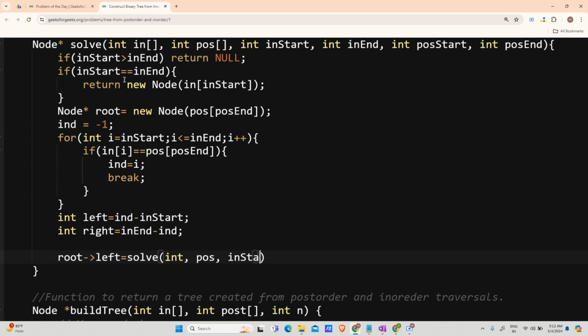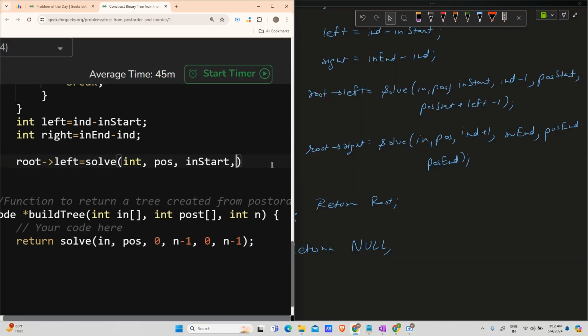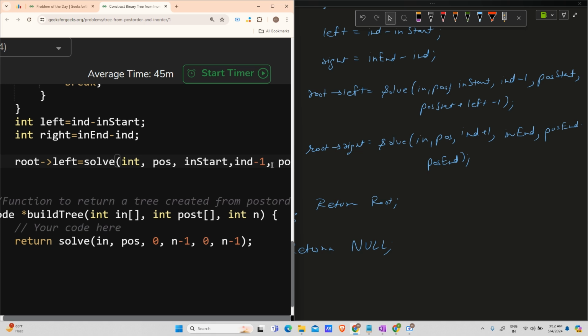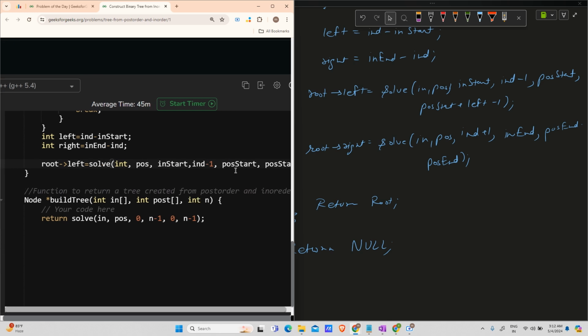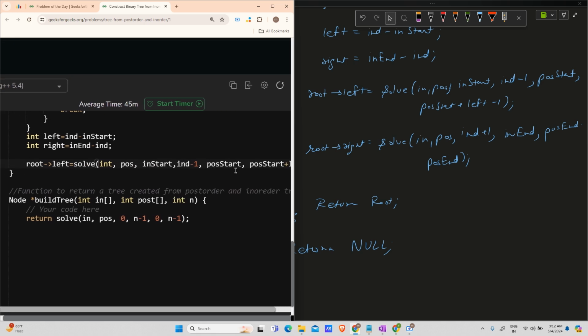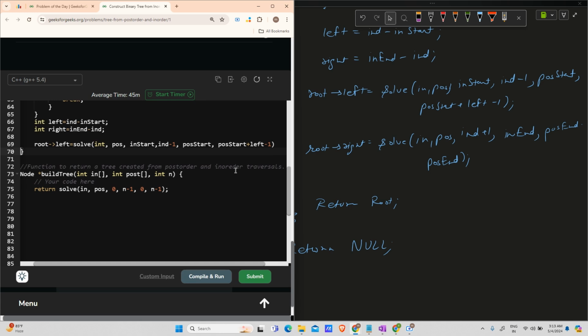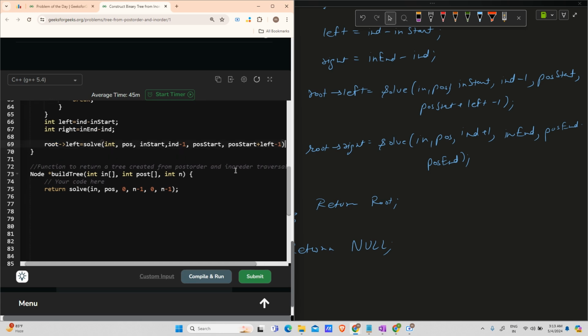The in start remains the same and the in end now becomes, we discussed this thoroughly, let me open it in the split window. So root's left becomes in start up till index -1, with post start up to post start plus left -1. Let me zoom it out, right, for a clear vision.